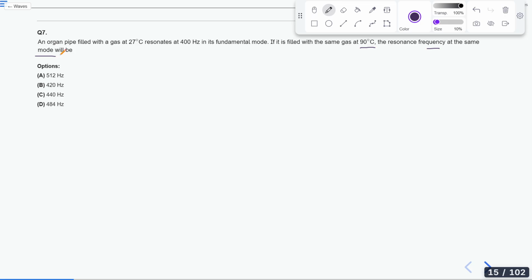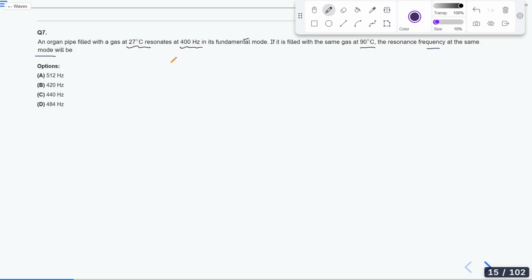Okay, so you have to calculate the resonance frequency at the same mode. That means fundamental mode, so you have to find the fundamental frequency in the second case also. In the first case, the organ pipe is filled with a gas at 27 degrees Celsius and that resonates at 400 Hertz. So how do we calculate?